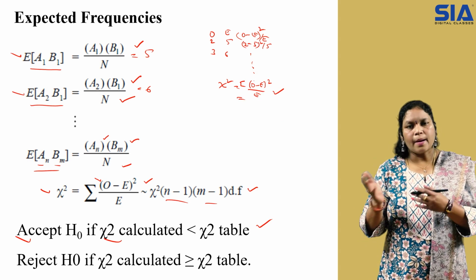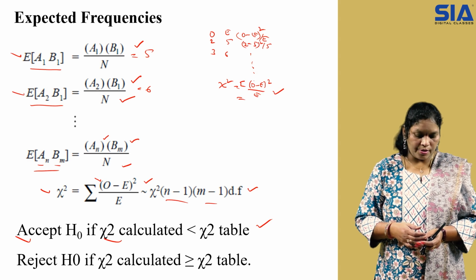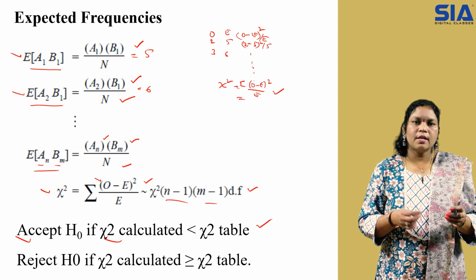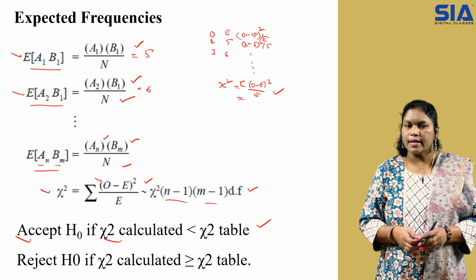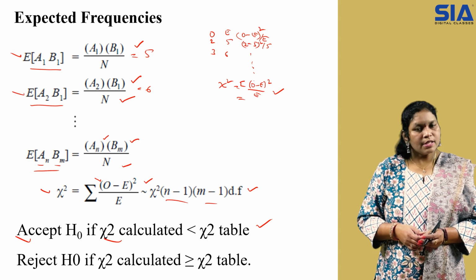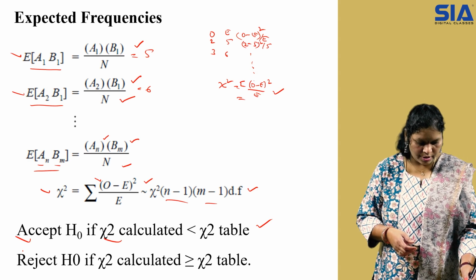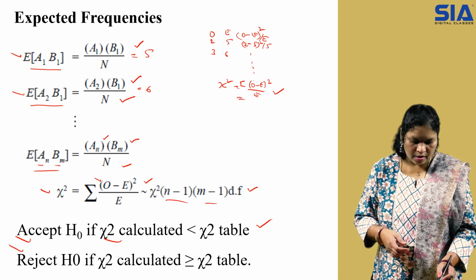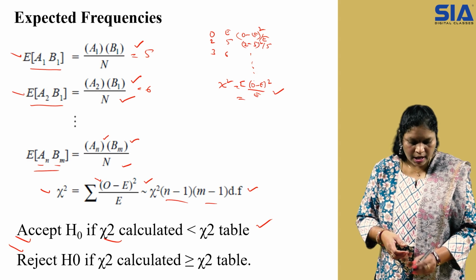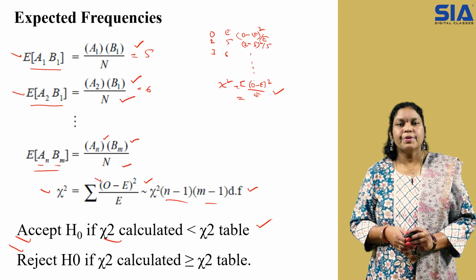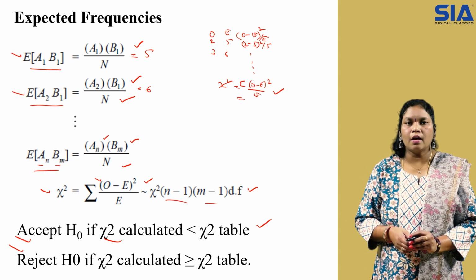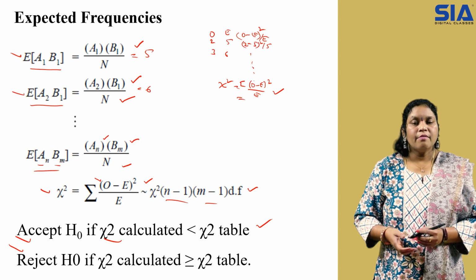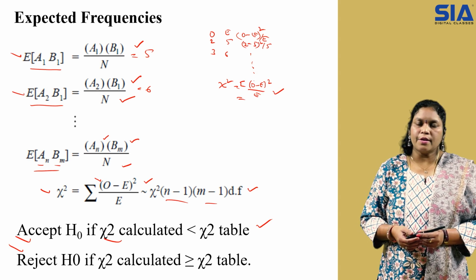If the calculated value is less than the table value, then accept H naught; otherwise reject H naught. So reject H naught when the calculated chi-square value is greater than the chi-square table value. This is your decision rule whenever we have chi-square for independent attributes.